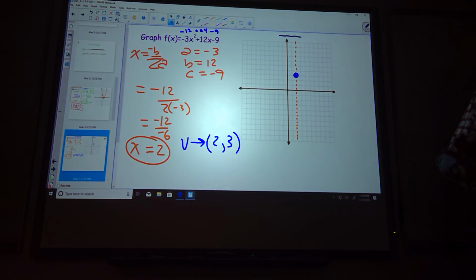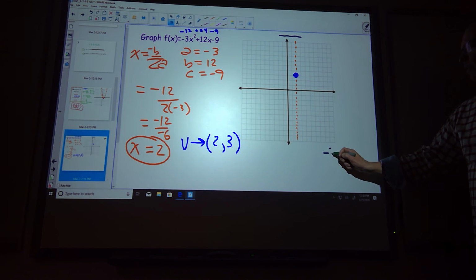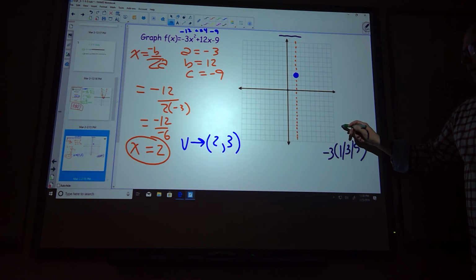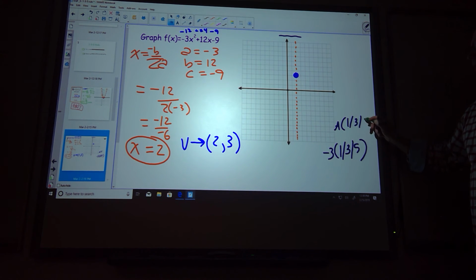So my pattern graph is going to be a smidge different, because my A value is negative 3. So it's going to be negative 3 times 1, 3, 5, etc. It's usually going to be my A value times 1, 3, 5.